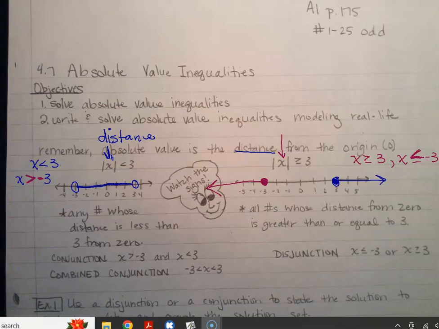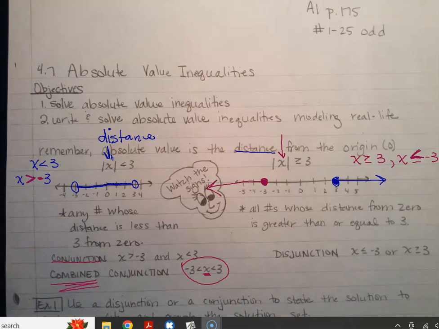Okay, which means these with a less than, it's any number whose distance is less than 3 from 0. These are conjunctions. So we can write it as x is greater than -3 and x is less than 3, or we can write it as that combined conjunction with just the one x in the middle.